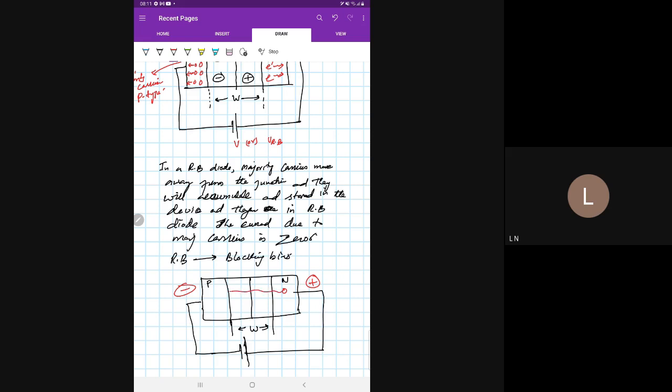It will cross the junction and move towards P-type region. Similarly, an electron is a minority carrier on P side and it will cross towards N side. So basically the current that flows inside a reverse bias diode is because of minority carriers only. Okay, so this is the flow of electron. But the conventional current direction will be opposite to the direction of flow of electrons.